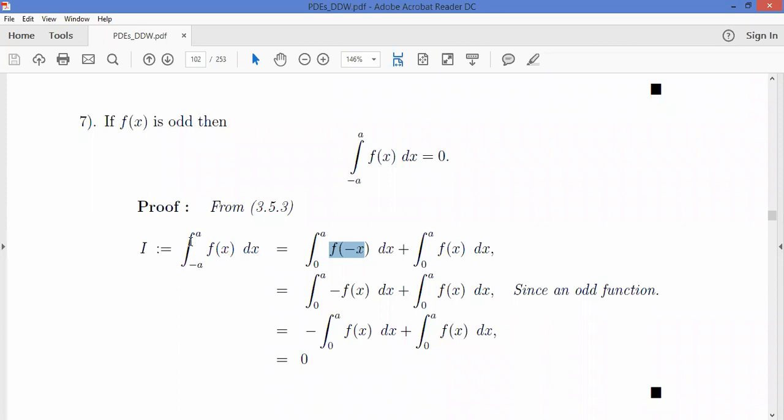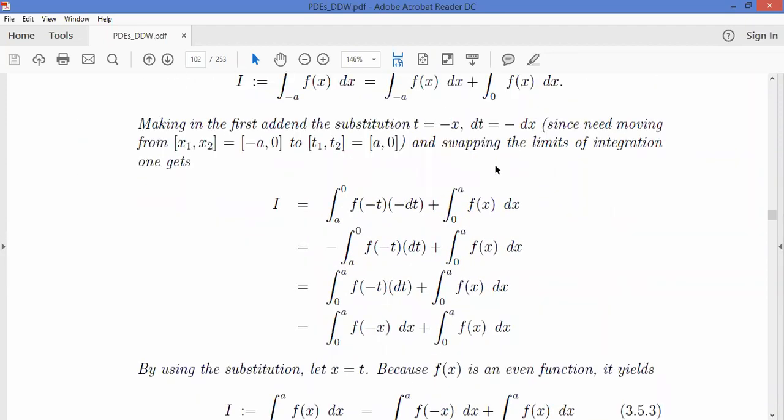If you move from minus a to 0, then we can use the other property, which I think we already have up here, if I'm not mistaken. Where is it? Somewhere here we used it. In this step, there is a mistake here.